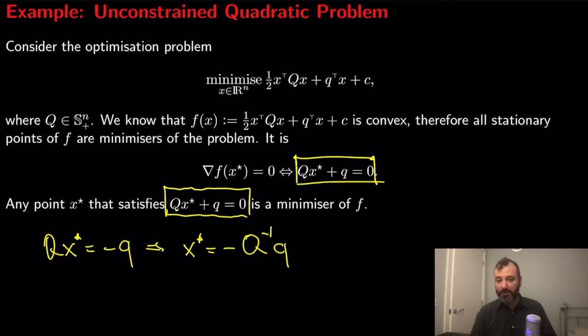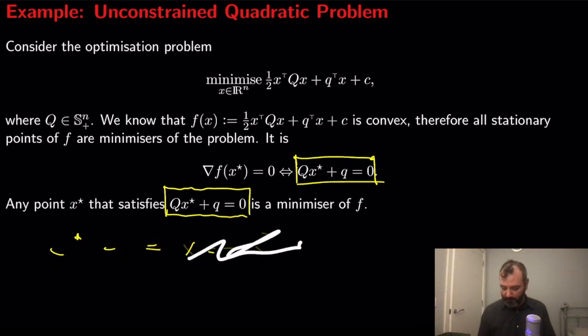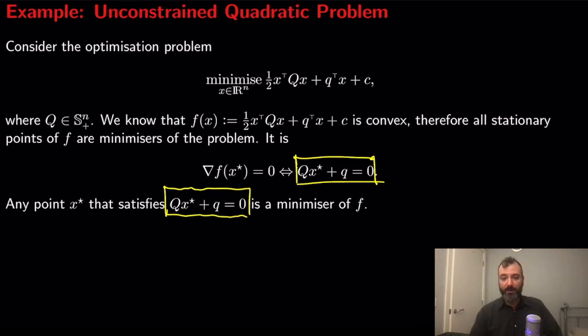Is Q non-singular? The answer is not necessarily. So what can you do? This is one of the reasons why we did all this introduction on linear algebra to make sense of linear systems. So I'm going now to erase this because it's not true in general. We don't know whether Q is invertible, whether Q is non-singular.